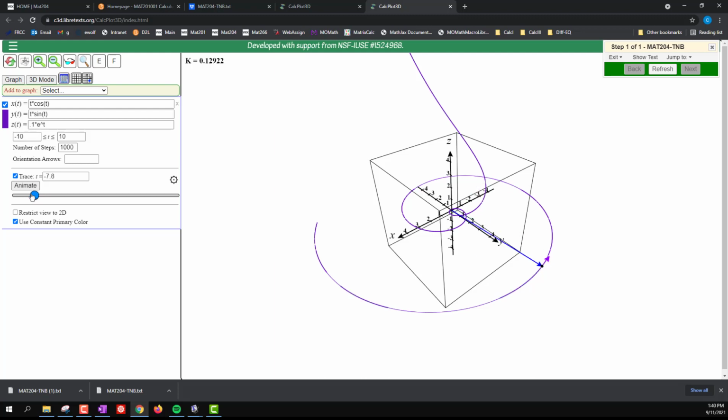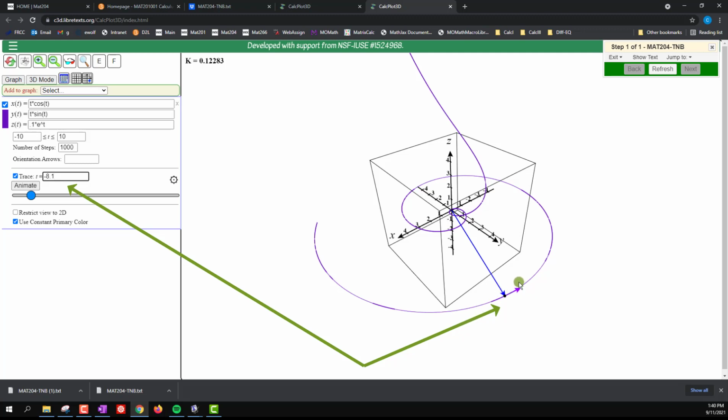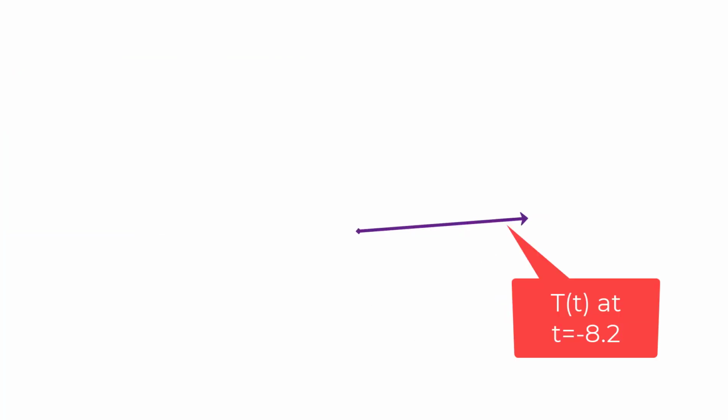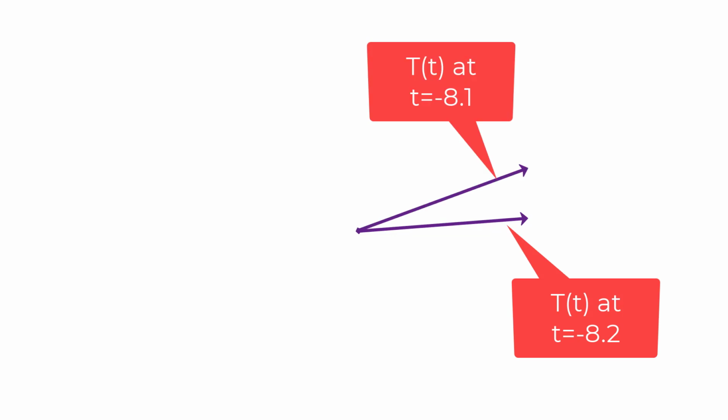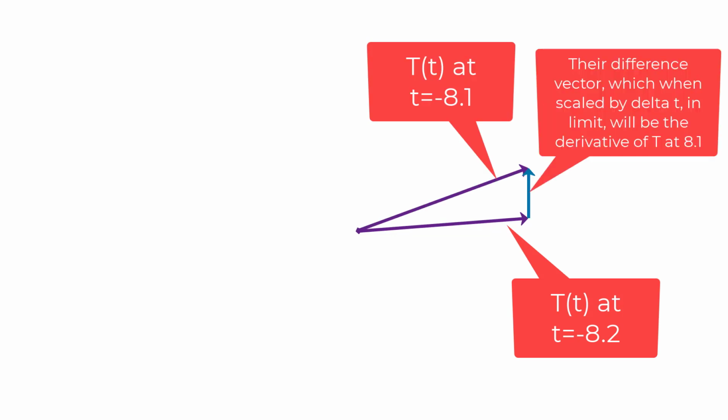So folks, if we take this unit tangent vector and we want to talk about how it's changing, notice if I advance time just a little bit. So I'm going to advance time by 1/10 of a second here. When I hit enter, this purple unit tangent vector is going to move. There it is. So we could look at the difference between where the vector was and where it ended up over a small increment of time.